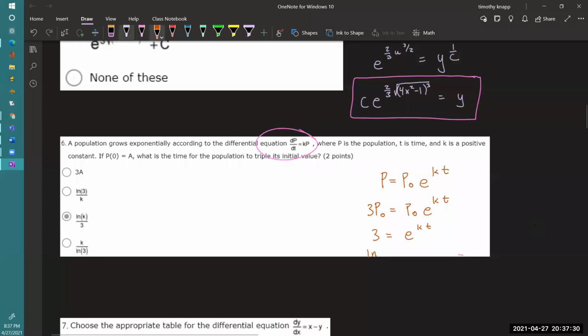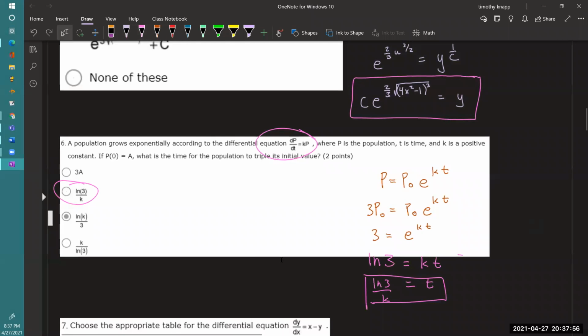I'll use a different color here, pink. So I'm getting into the dark area here. Natural log of 3 equals kt. Now, if I divide by k, my time is the natural log of 3 over k, which is this guy. Oh, looks like I do have one more.